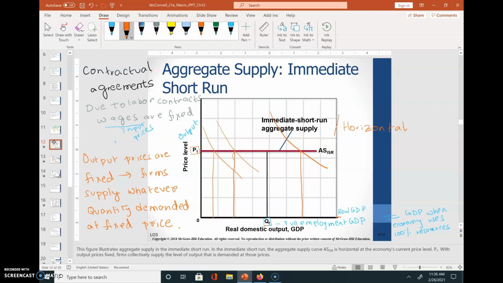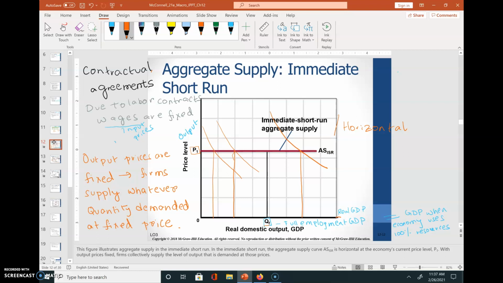As output prices are fixed, the firms can supply whatever quantity is demanded at this fixed price. The input prices are also fixed, for example, wages are fixed because of contractual labor agreements.